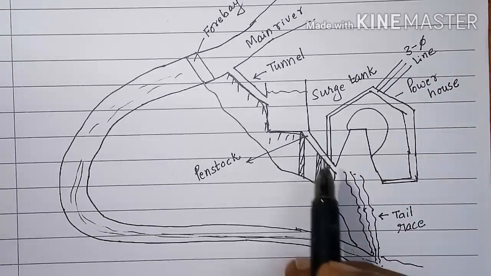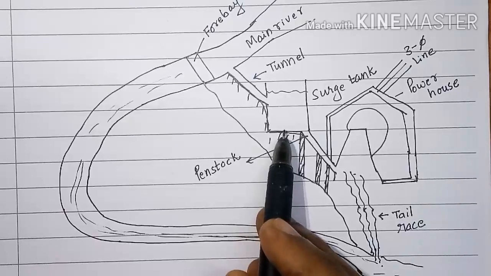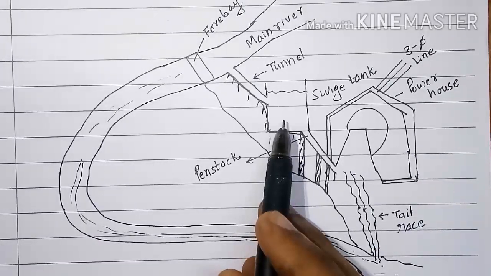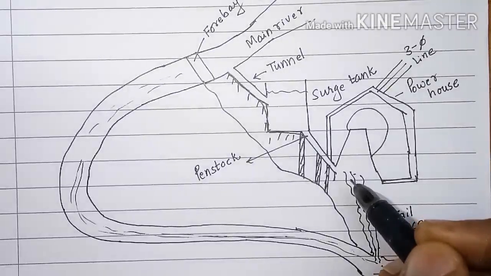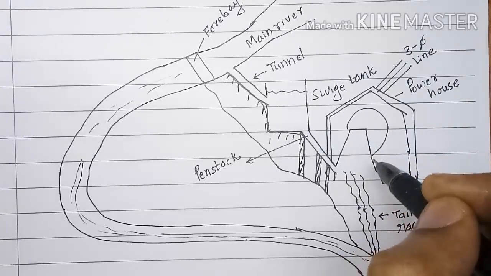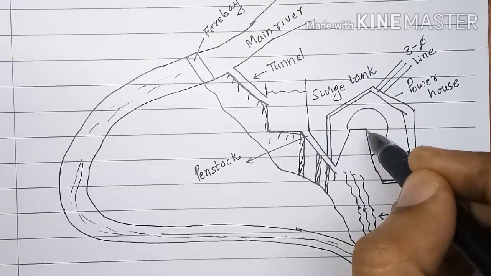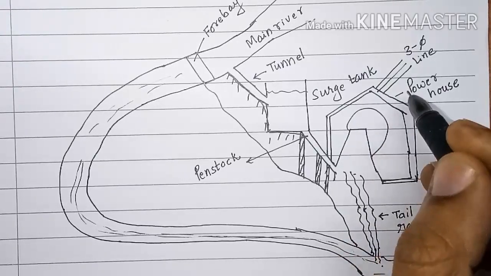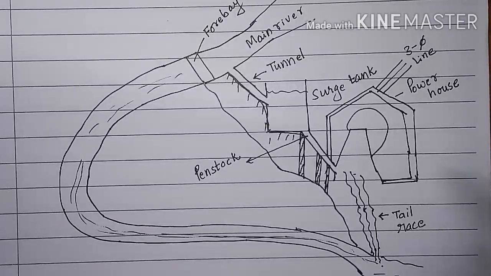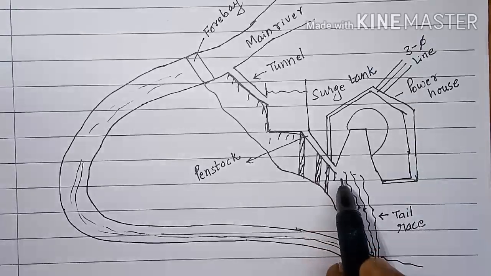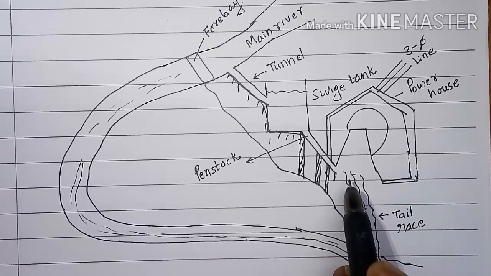In case of high head power plants, surge tanks are constructed. The reason for constructing surge tank is that if all of a sudden the load on the power station decreases, that means electrical load is disconnected, then the generator needs less water for power generation.